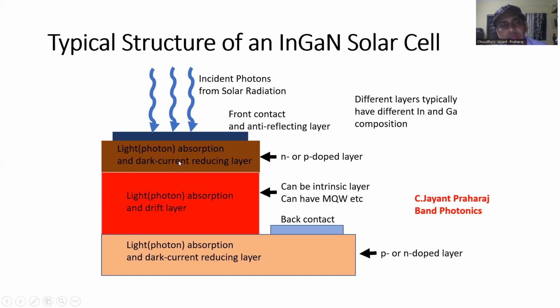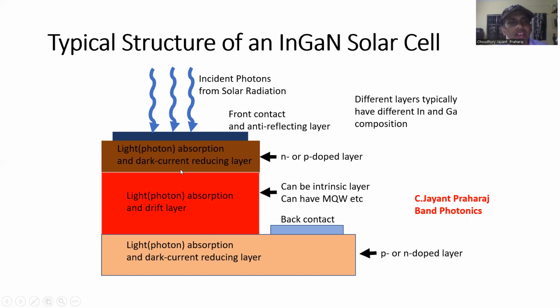These typically have different band gaps, tending to be wider than the band gap of the absorption and drift layer. And then we have a front contact and anti-reflecting layer. In this diagram, the incident photons from solar radiation come in from the top. Then we have front contacts, which also have an anti-reflecting layer.